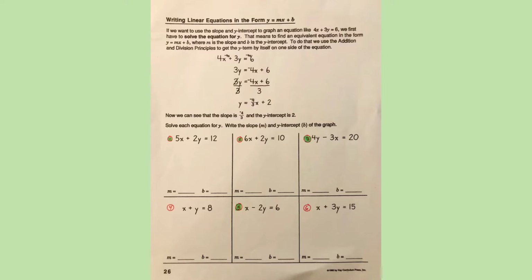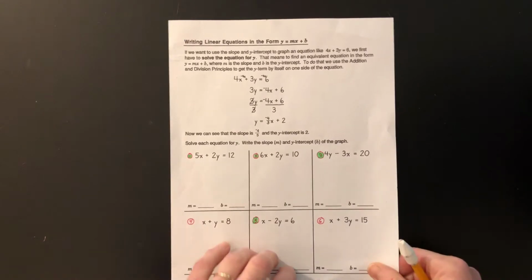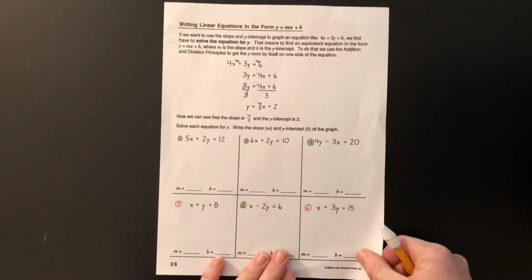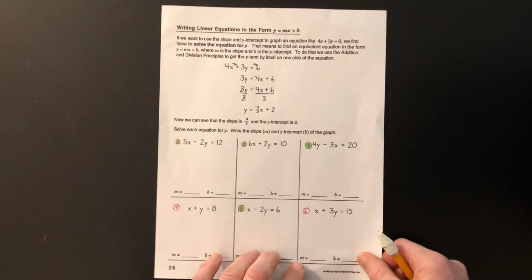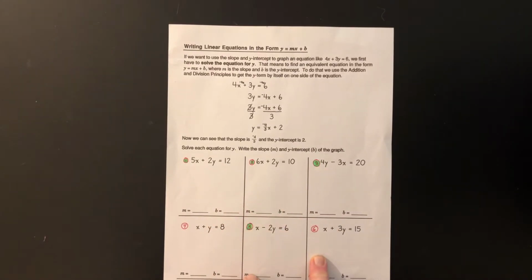On to 26. We'll do this page almost entirely together. This is a new concept to you, and I want to make sure we cover it. So I will take you through almost all of the problems. We are working with equations that are not already written in slope-intercept form.